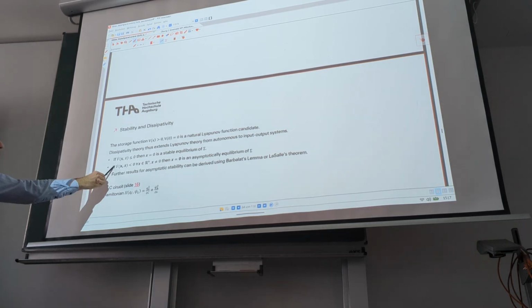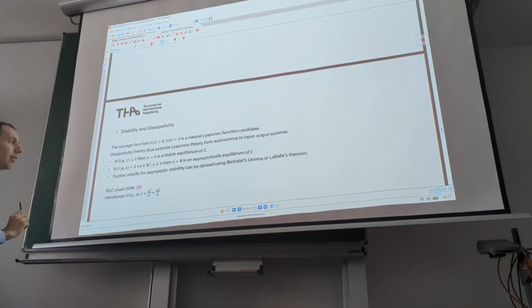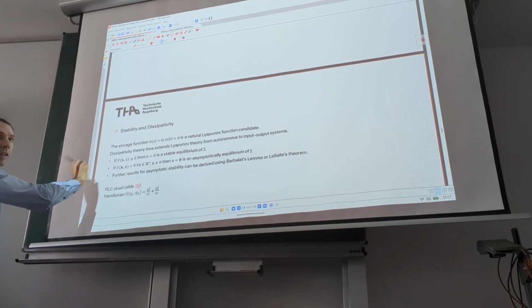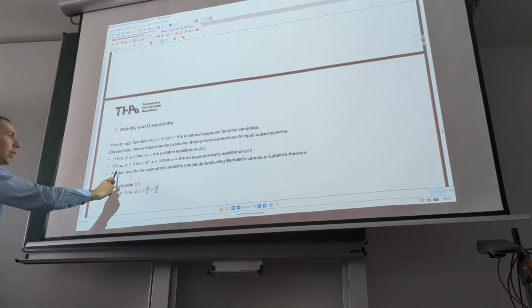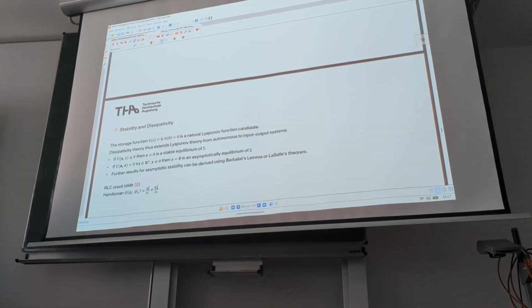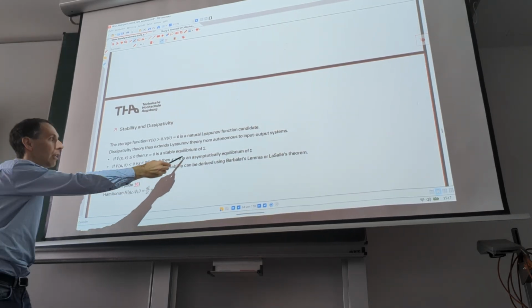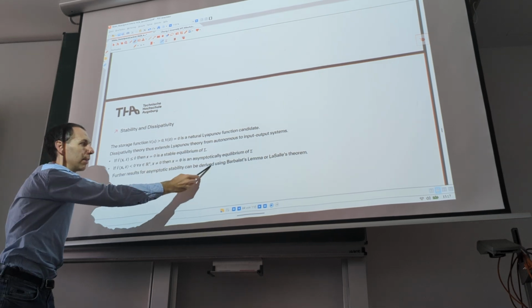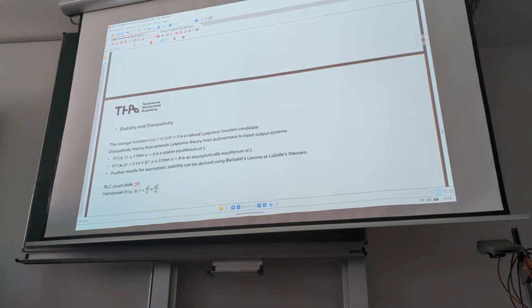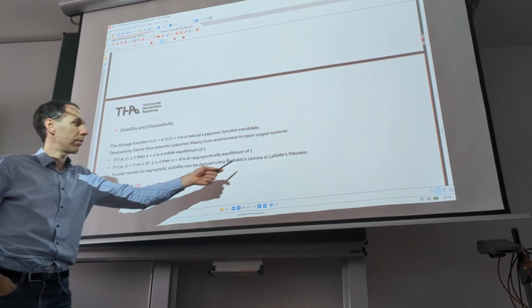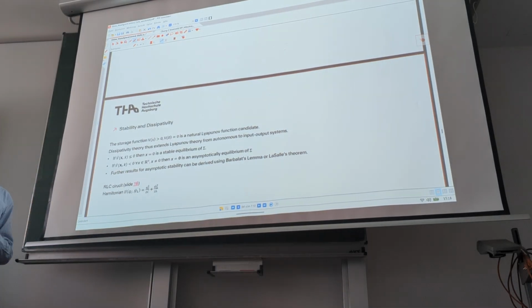If you can show that this V dot is less than 0, then we have asymptotic stability. For the general case, we get stability, and then we can use additional versions of the Lyapunov theory, with which we can still derive asymptotic stability. For example, there is one theorem, LaSalle's theorem.